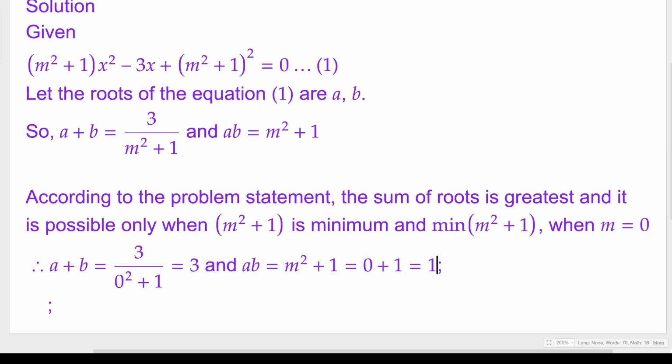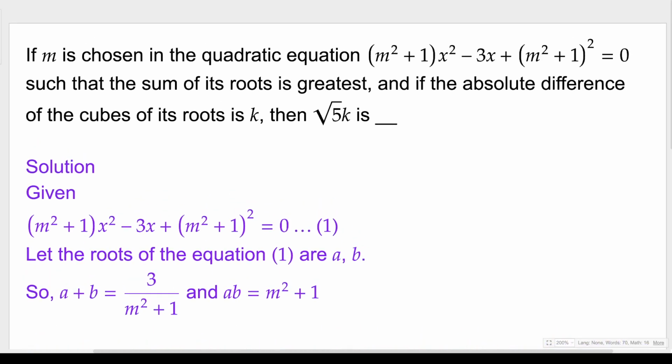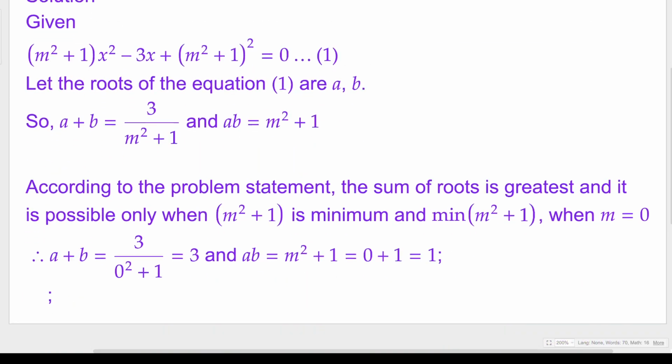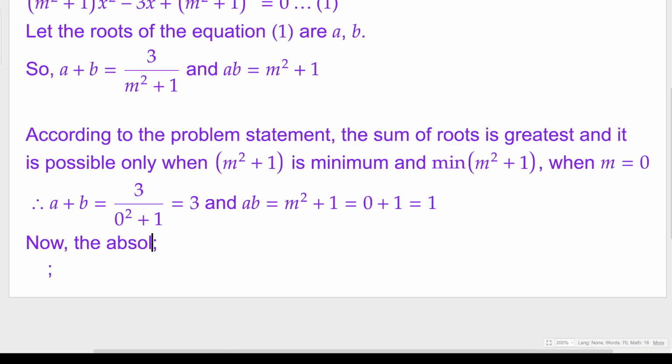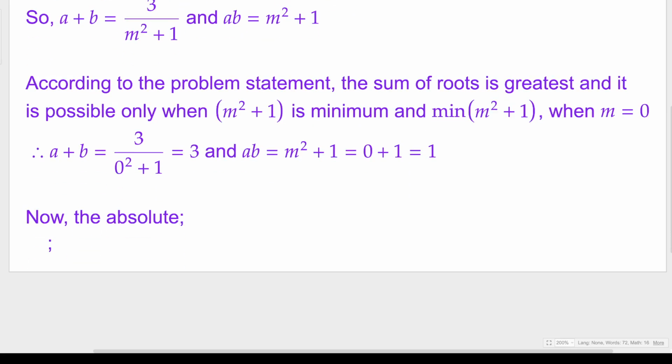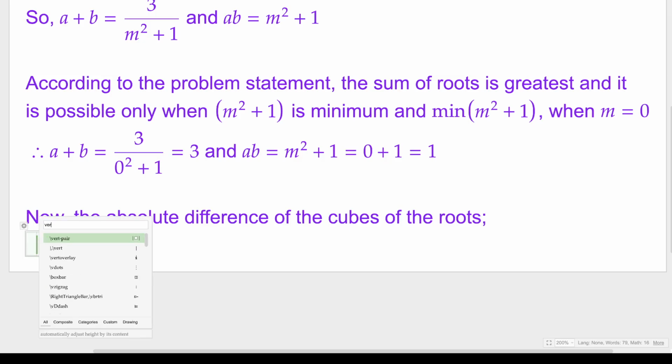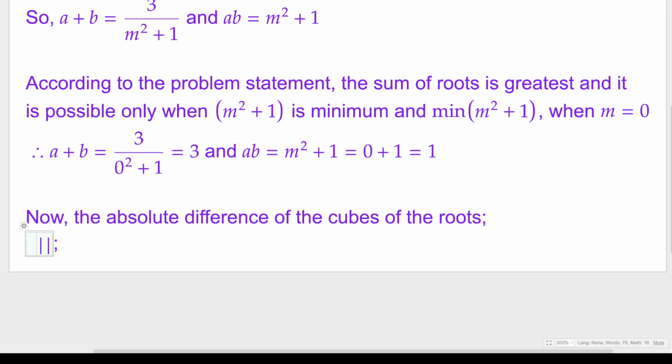Now the next given information in this problem statement is the absolute difference of the cubes of the roots, right? So I'll have to use this one. Let me take one blank line of space over here. The absolute difference of the cubes of the roots can be represented as the absolute value of a³ − b³.